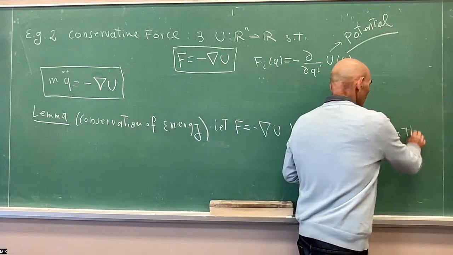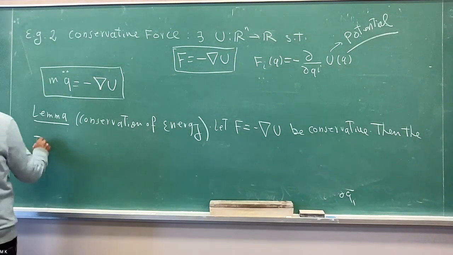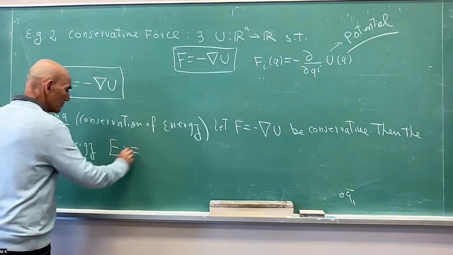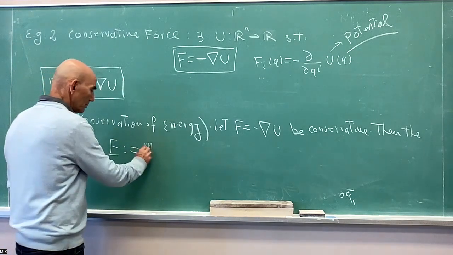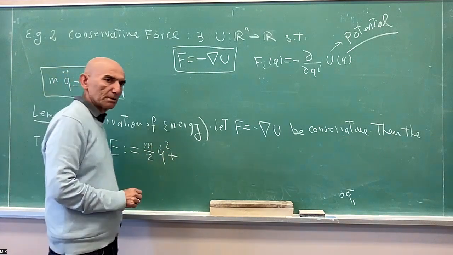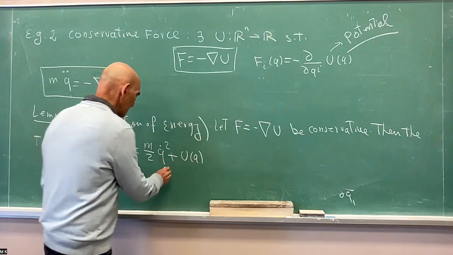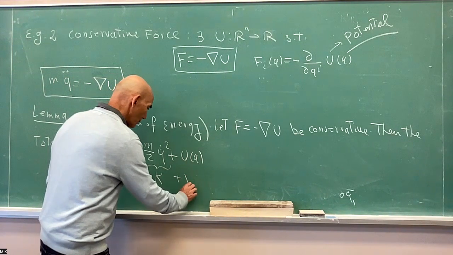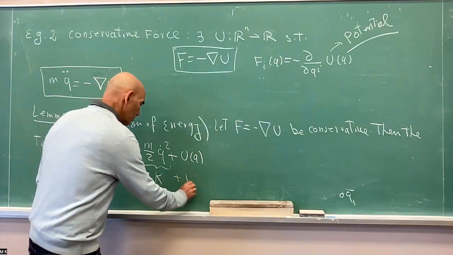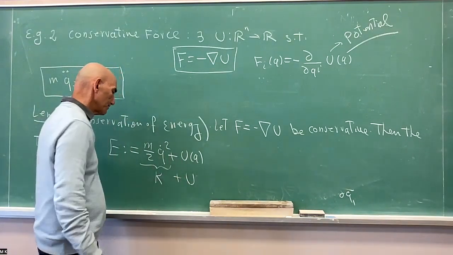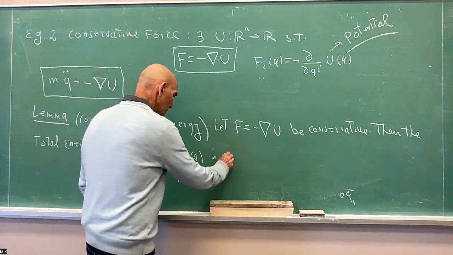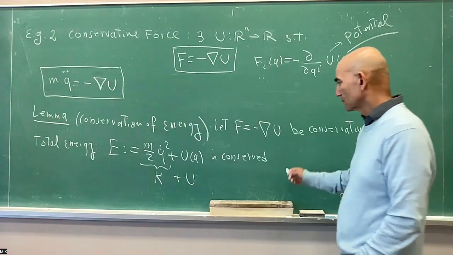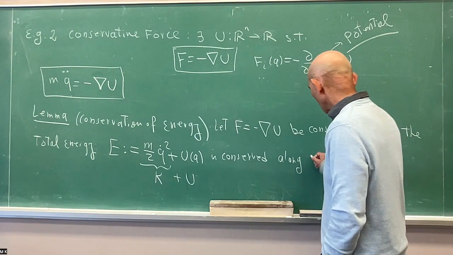Then the total energy E, by definition, which is equal to m over 2 q dot squared plus U of q, where this is the kinetic energy and the next part is the potential energy, kinetic plus potential, is conserved along motion.